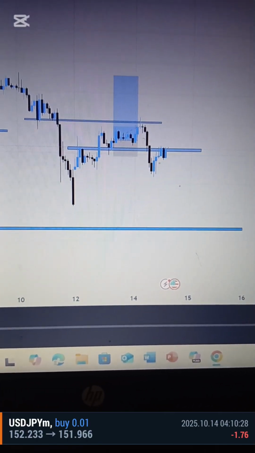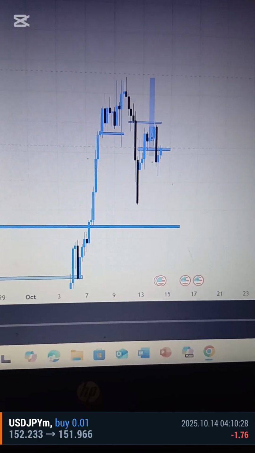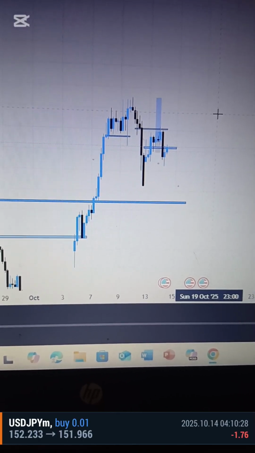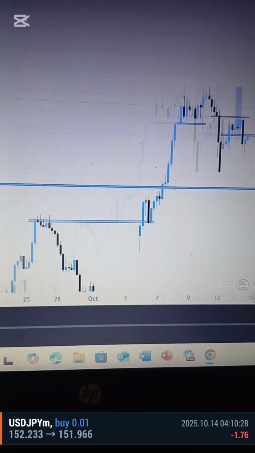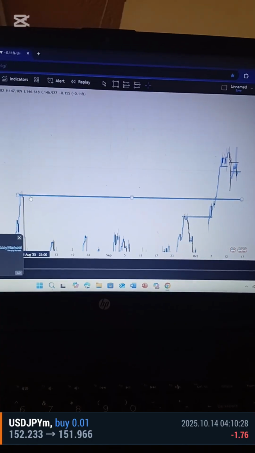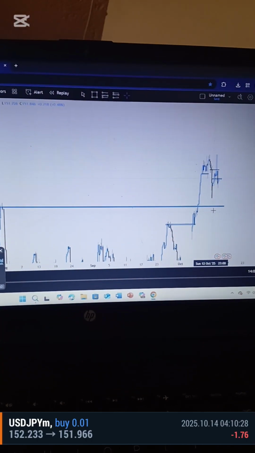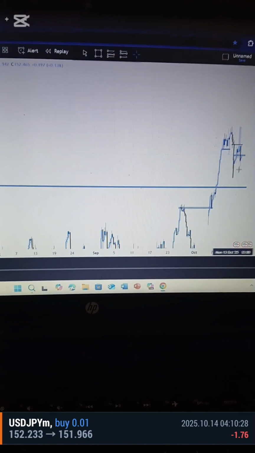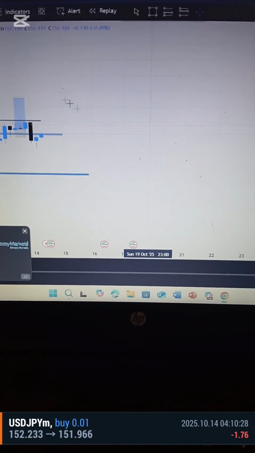And then on the H4, here's what happened. Let me show you, this is the level I was anticipating to be tested. But then this gap up that happened here is the one that shook me off.